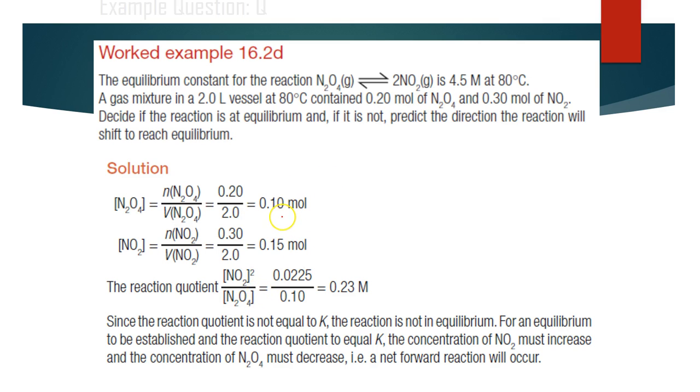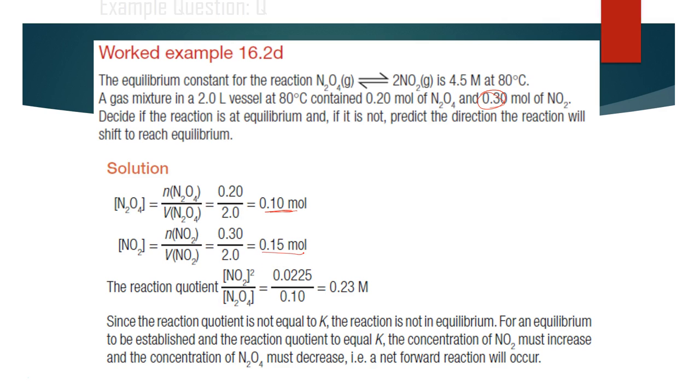We're going to work out the concentration of N2O4, which is 0.2 mole in a 2 liter vessel. So this gives us 0.1. And then we're going to work out the concentration of NO2, so the number of mole divided by the volume. So the number of mole, again, divided by a 2 liter volume because they're gases in a container.